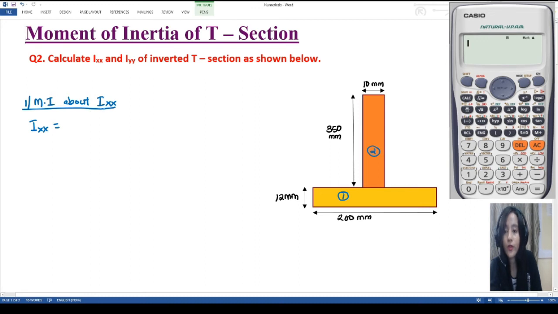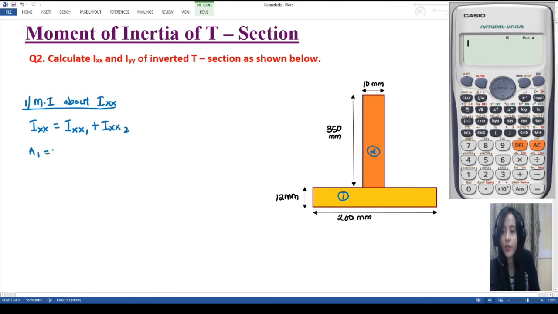To find the moment of inertia about Ixx, I still need to apply the parallel axis theorem. So it will be equal to Ixx1 plus Ixx2. Before I get on, let us find the areas first.